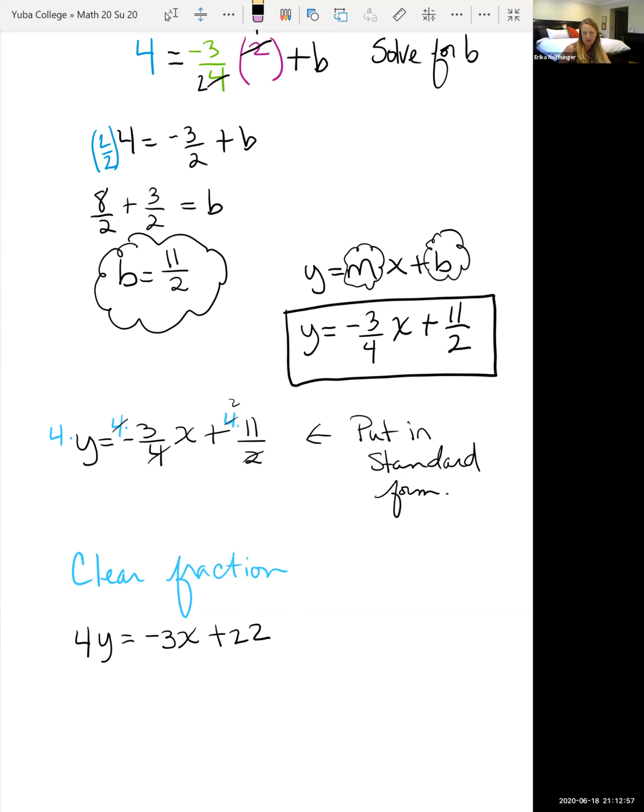And so get all the variables to one side. If we add 3x to both sides, we get 3x plus 4y is equal to 22.